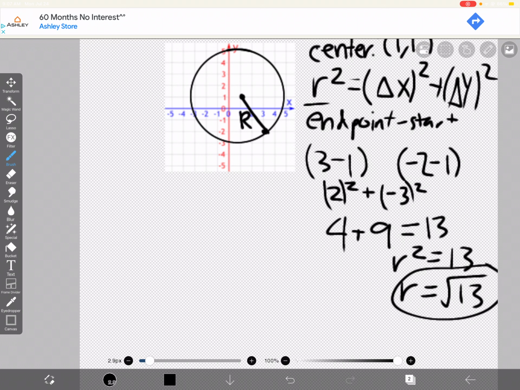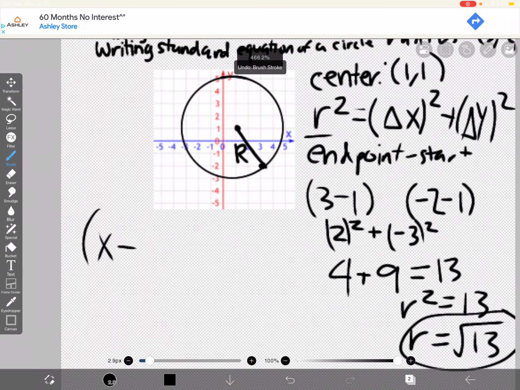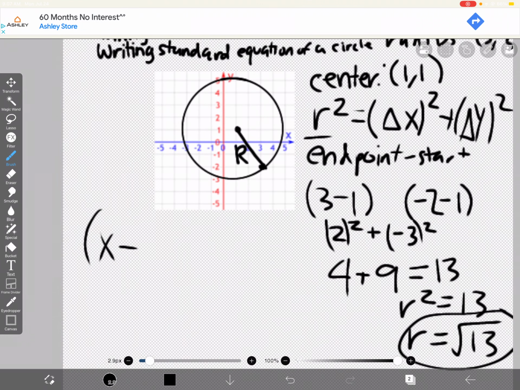So now that we got our radius, how do we put it into standard form? Well, we have to plug in the numbers. So it's x first, minus, you have to subtract the center point.